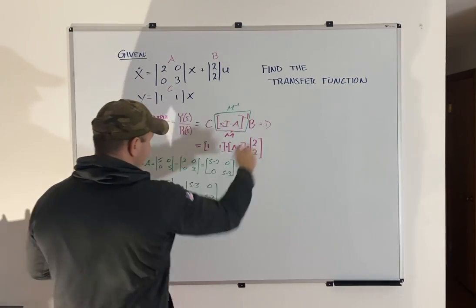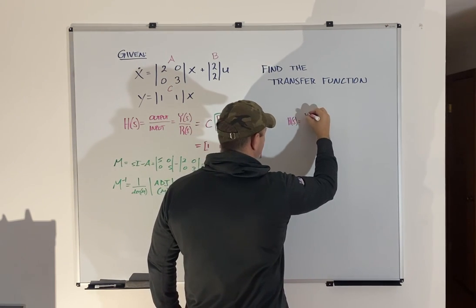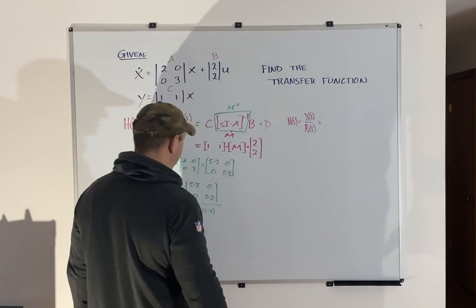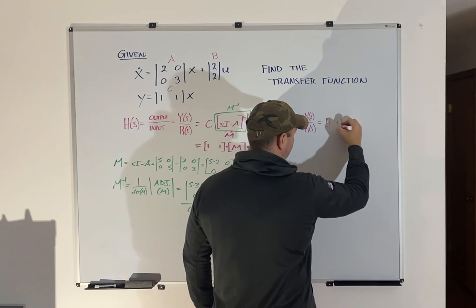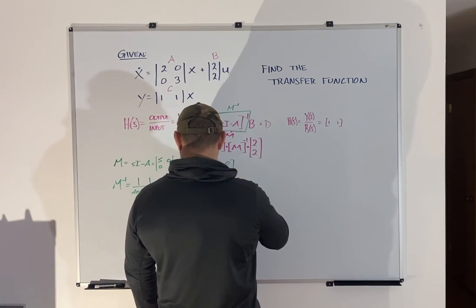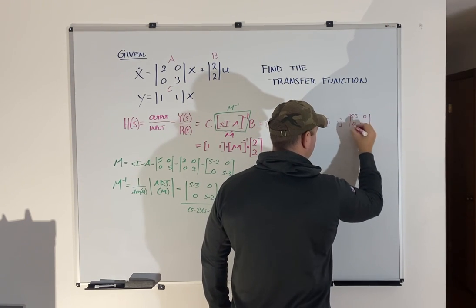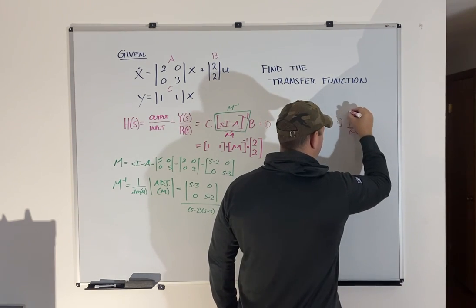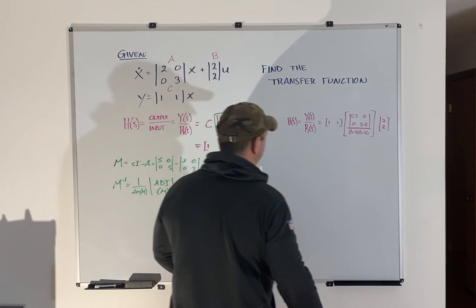So let's rewrite. Over here we have H of s is equal to Y of s over R of s, which is going to be equal to C, 1 and 1, M inverse, which was s minus 3, 0, 0, s minus 2, all divided by (s minus 3)(s minus 2), times B, which was 2 and 2.